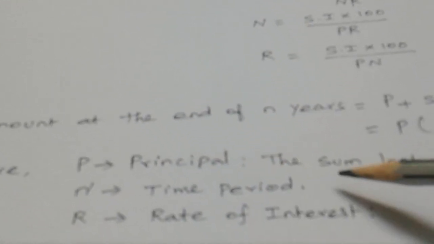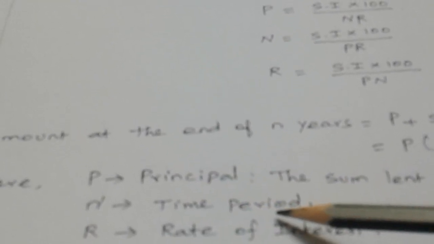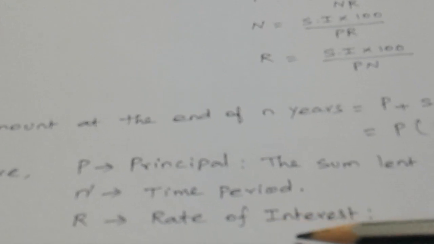So these two formulas are involved in simple interest. I recall that P indicates principal, that is the sum lent, N indicates time period, R indicates rate of interest.